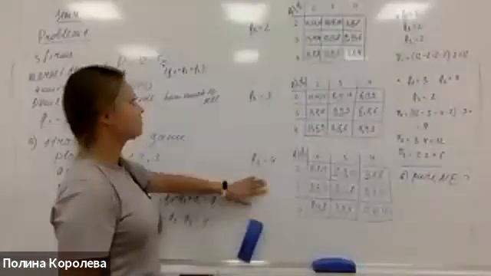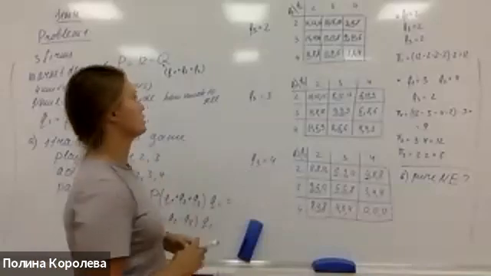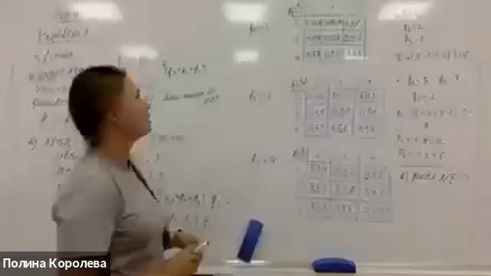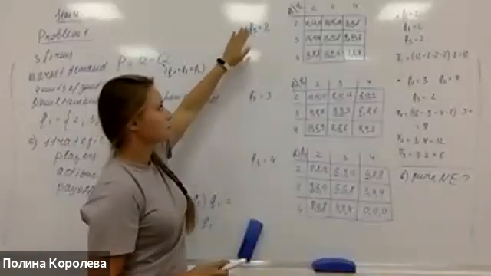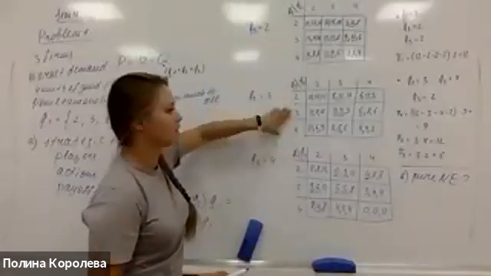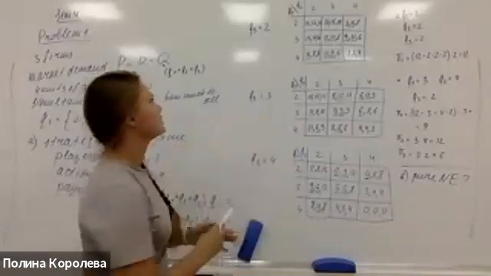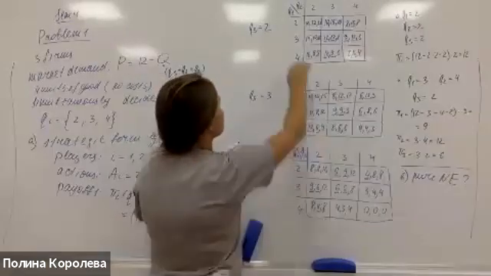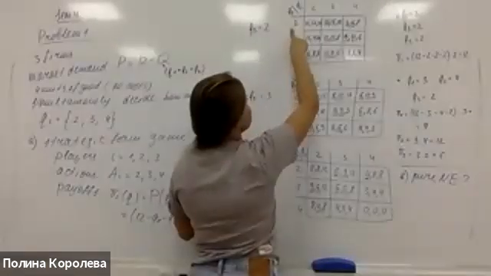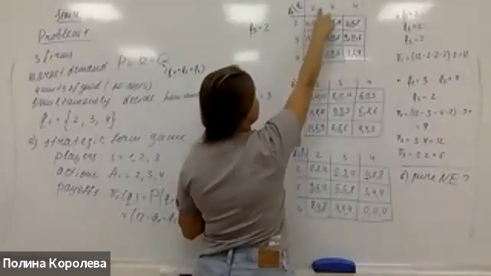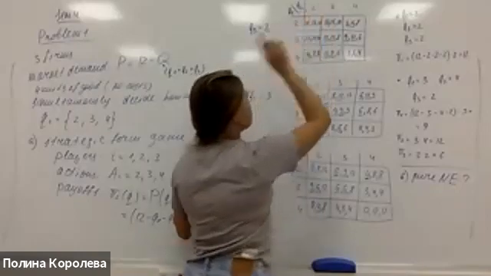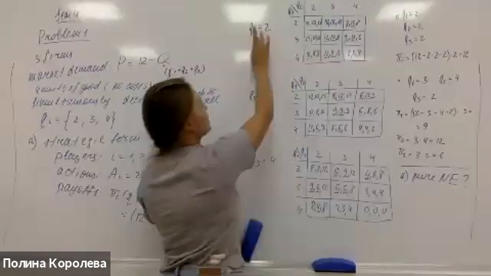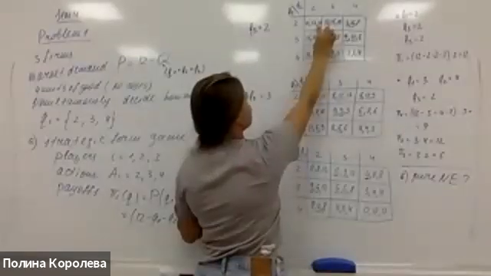now we should consider the third player. What will the third player choose? The third player will choose in which matrix he wants to play. So let's begin. If first player plays 2 and second player plays 2, in this position, the payoff of our third player is on the third place.